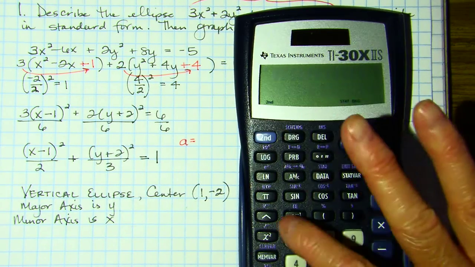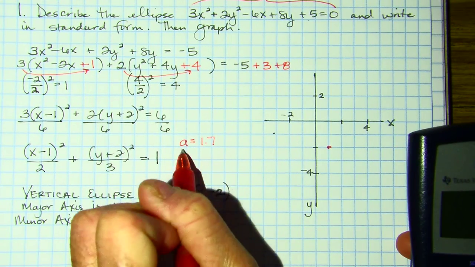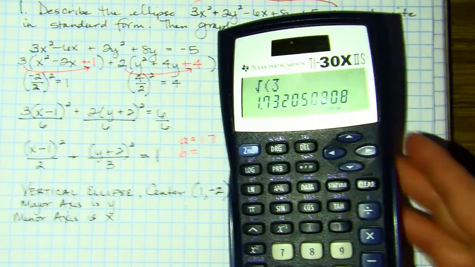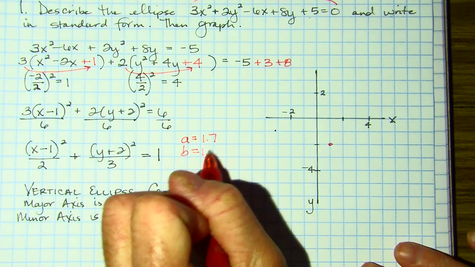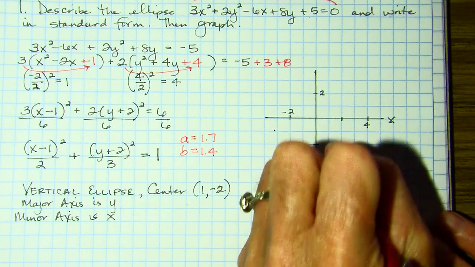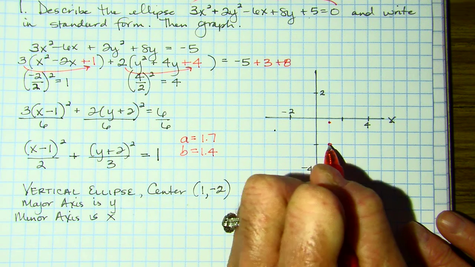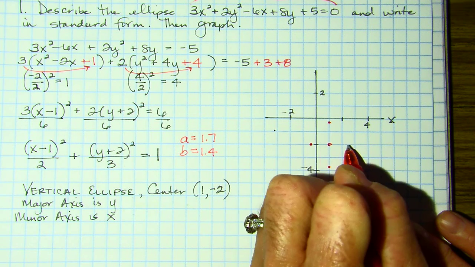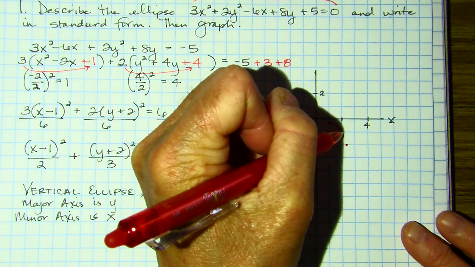So the square root of 3 is 1.7. B is the square root of 2. So 1.4. So this is vertical, so up 1.7, down 1.7, to the left 1.4, to the right 1.4. And so here is my ellipse.